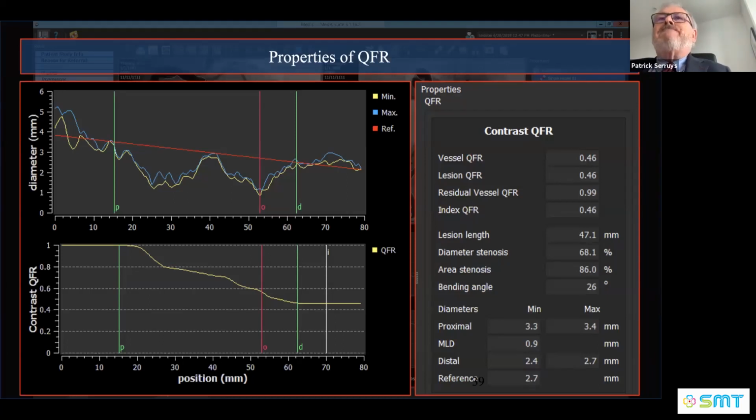If there is a discordance between your FFR CT and your QFR, probably you will escalate and say, okay, let's go back to the good old pressure wire, if I still have it in the lab, and use it.